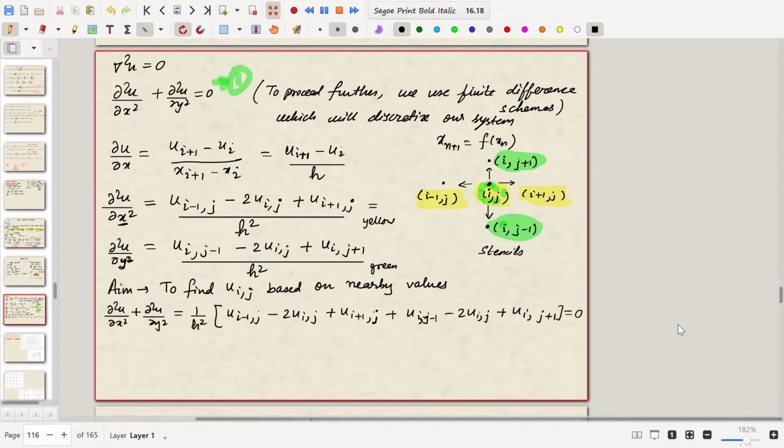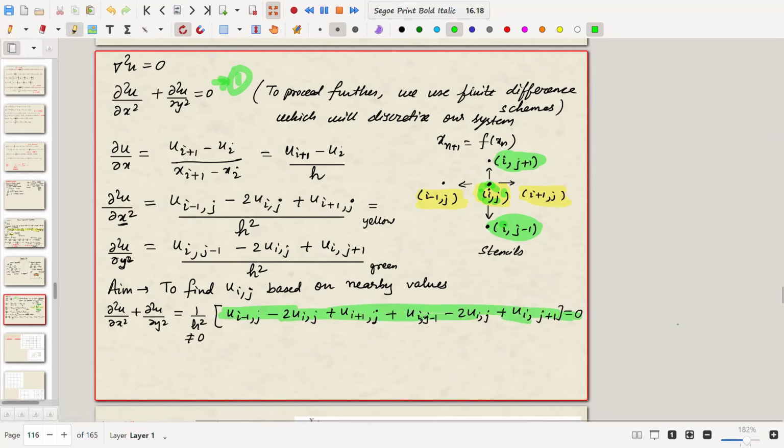So the 1 by h square is always positive, so therefore it won't be 0. Since this is not 0, the only chance is for the other factor to be 0.